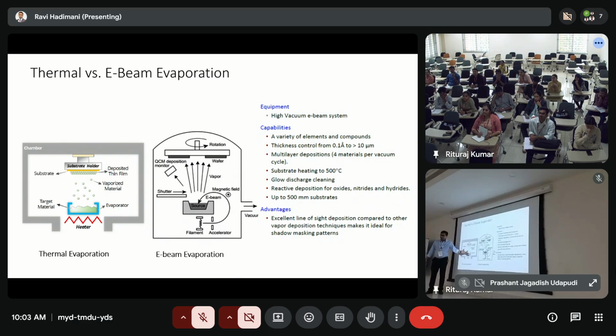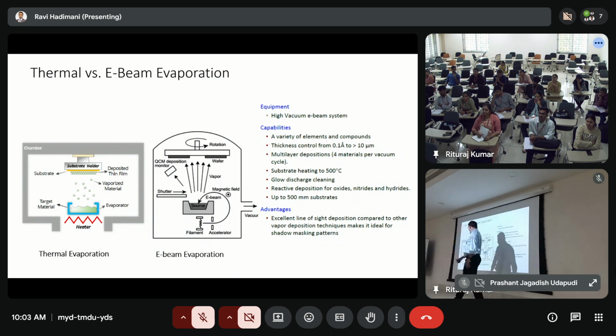In a vacuum, the atoms take off because of diffusion. There is no density here, it's vacuum, so they try to take off. Then you put a substrate right above the target, and you get deposition. This is thermal evaporation. And then E-beam evaporation.